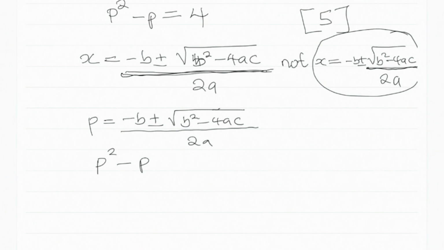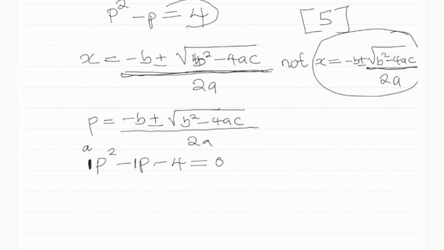And so the coefficient of p squared, the number that is in front of p squared here, since there isn't any number, it means the coefficient is 1. And when you go to the second term, the number that is in front of this p is negative 1. And we have the constant, which is negative 4 there. What does that mean?